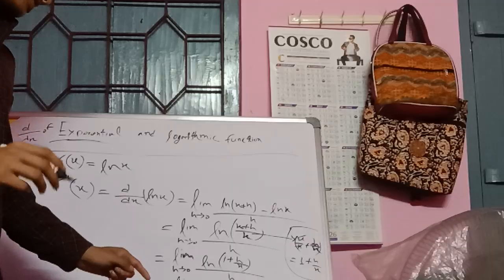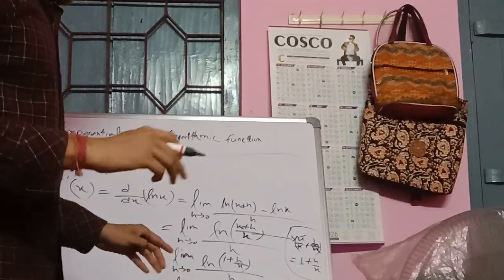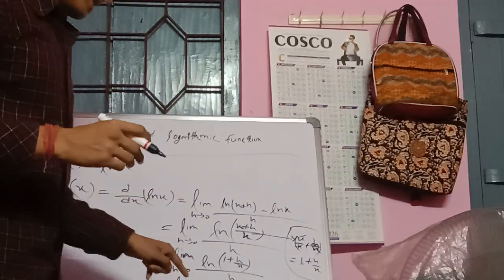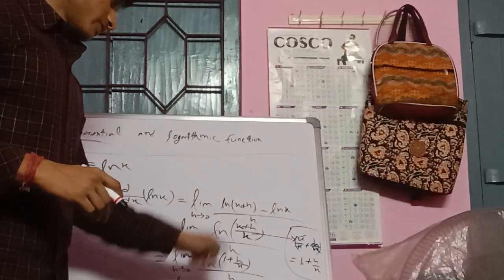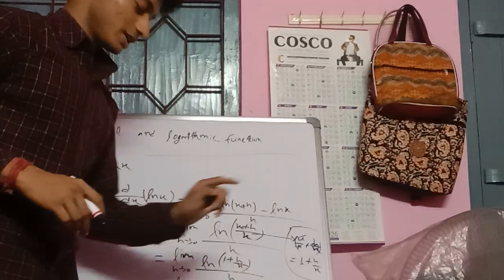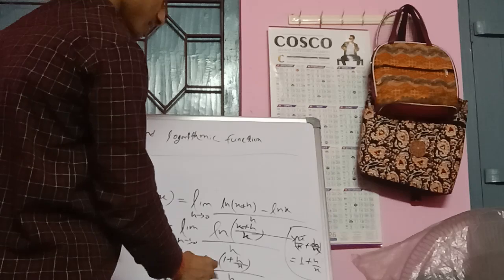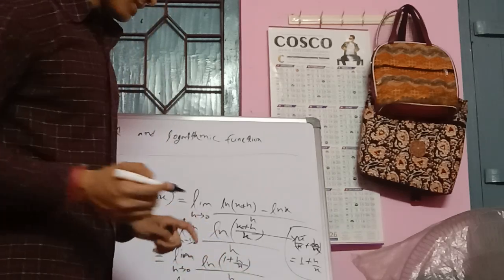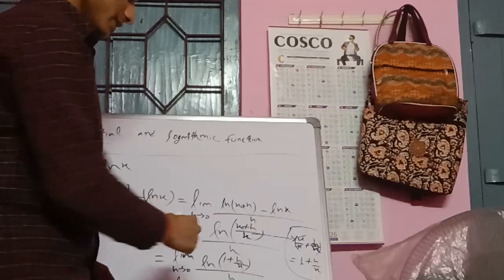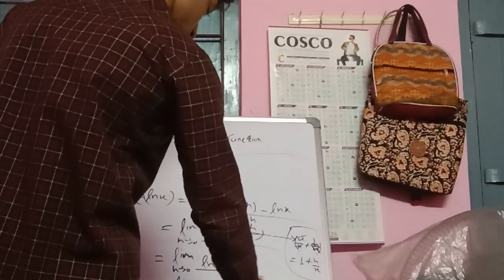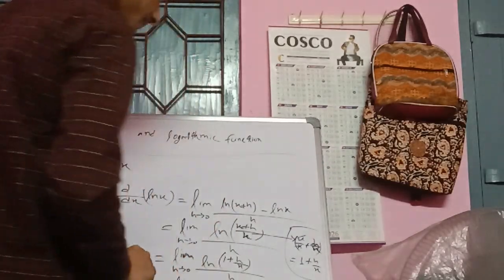How, you ask? Because what did I just do here? I multiplied this whole thing by x and divided this whole thing by x. So this x and this x cancel out each other and just leave us with what we had earlier, ln of 1 plus h by x, the whole thing over h.